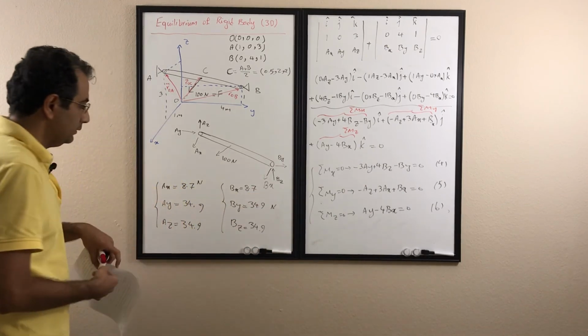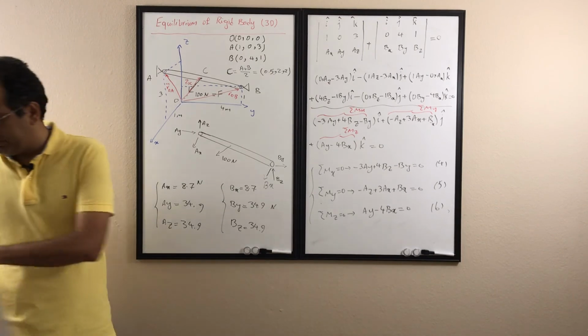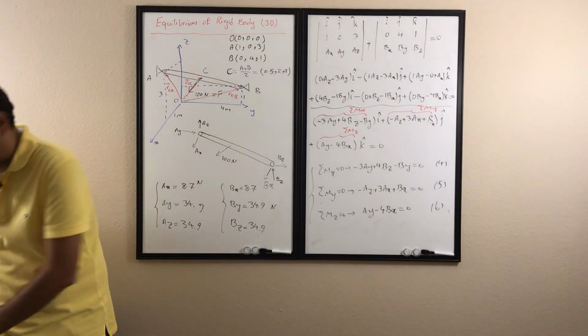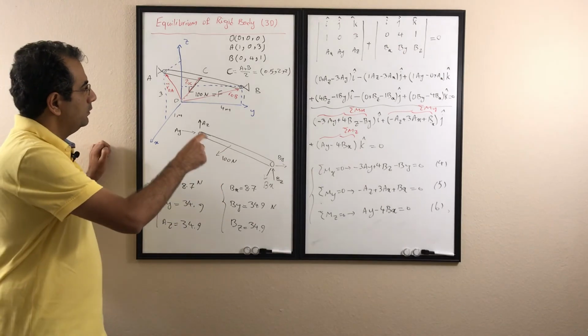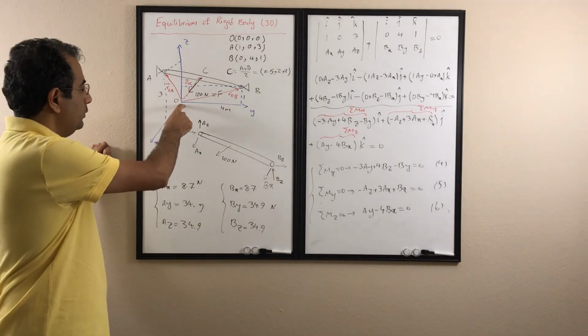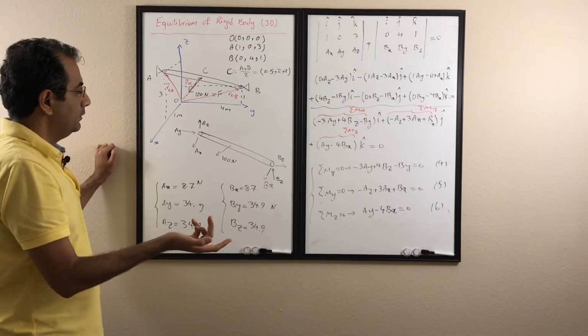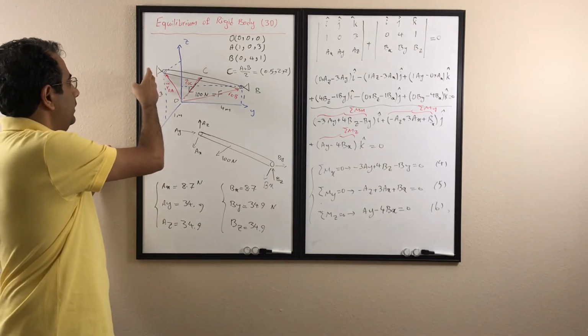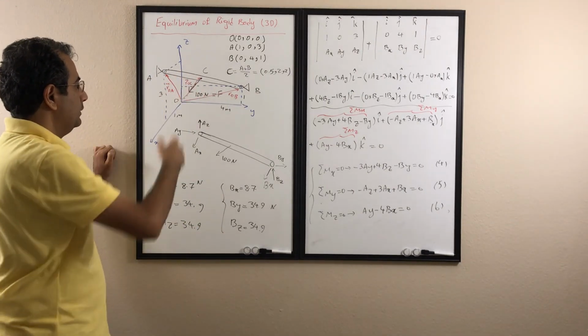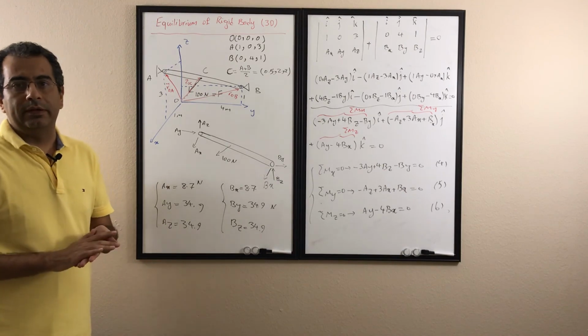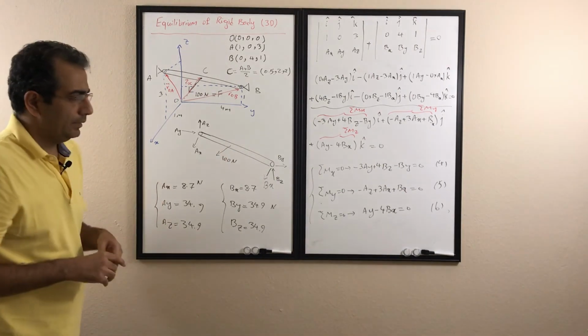So we get all these equations. Remember, in this problem I wrote the moment about point O, but we can write sigma M about point A, point B, point C, or any point we want, and eventually we get a very similar equation.